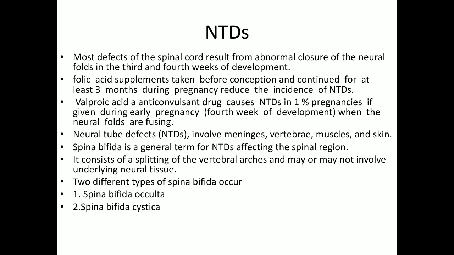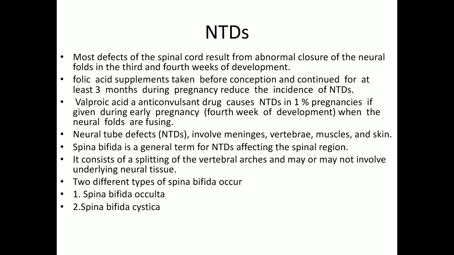Some anticonvulsant drugs like valproic acid, and other drugs also, may lead to abnormal development of the neural tube, that is, neural tube defects, if they are taken during the 1st to 4th week of pregnancy. These neural tube defects involve the meninges, vertebrae, muscles, and the skin.